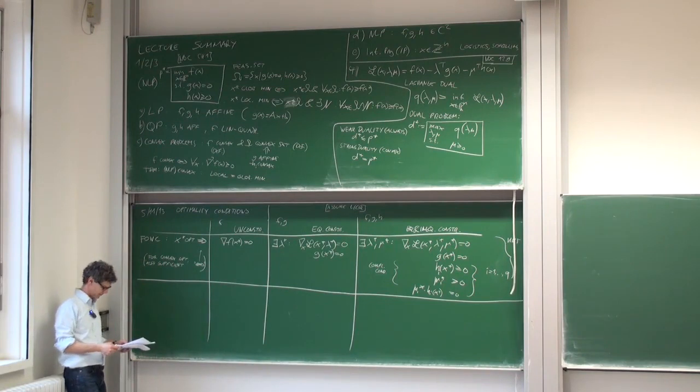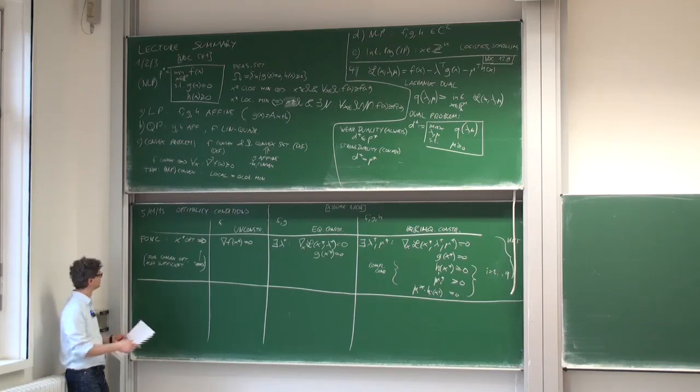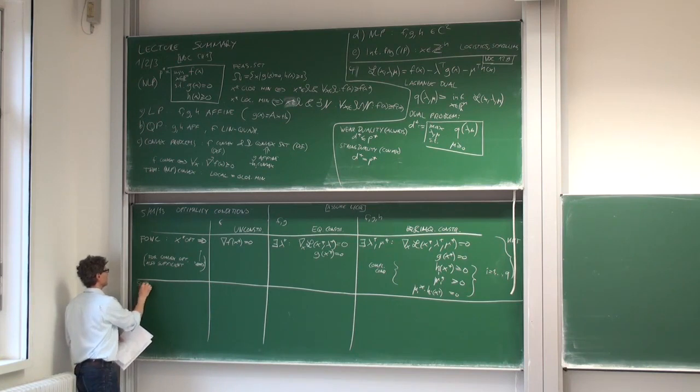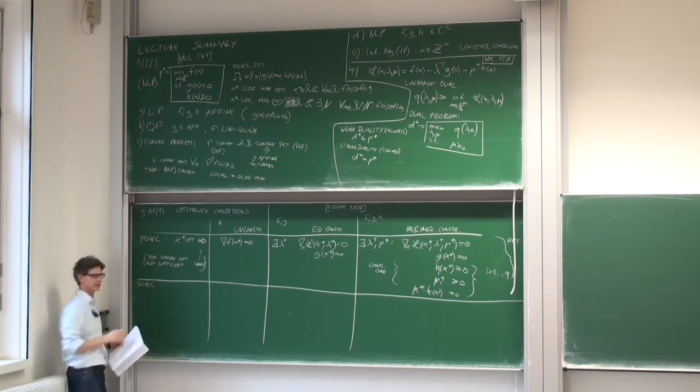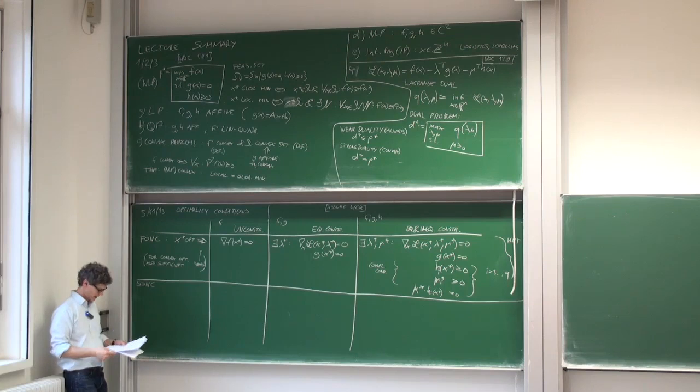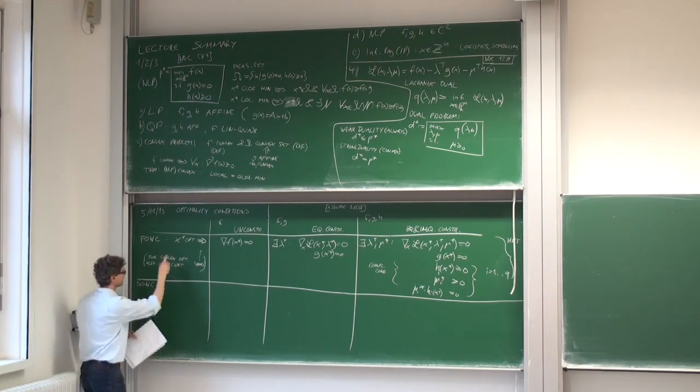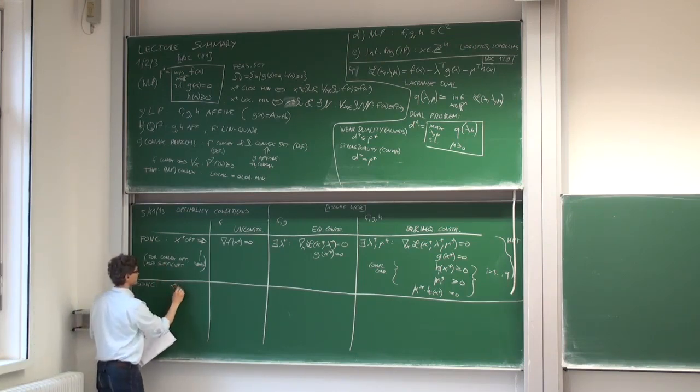So now let's go on. Let's go on with necessary and sufficient conditions. Let's do them a bit separately. Second order necessary conditions. Necessary conditions are still of this form: x star is an optimizer, and that implies something.